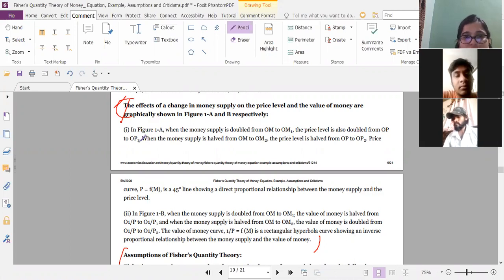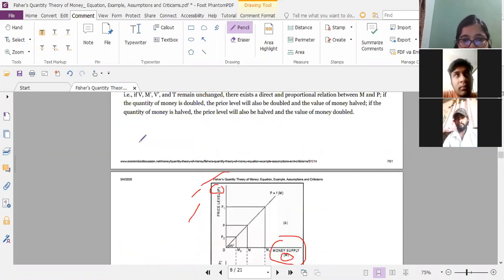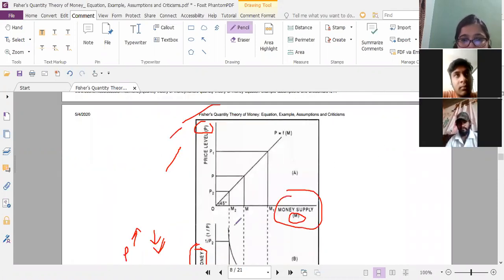I'll show you this in the graph. So you can see money supply has doubled from OM to OM1. This is M, this is M1. Here, the price level has also doubled, same, OP to OP1, right?